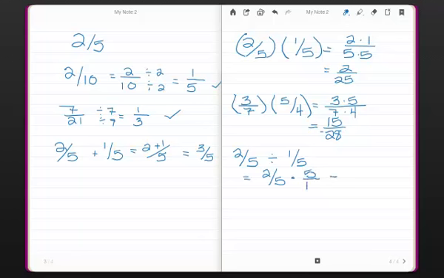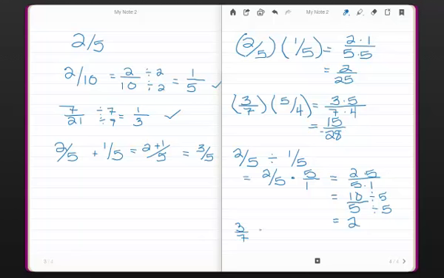So I make this a multiplication problem, and now I have 2 times 5 over 5 times 1, which would be 10 over 5. In this case we can simplify because we can divide both top and bottom by 5, and we get 2.